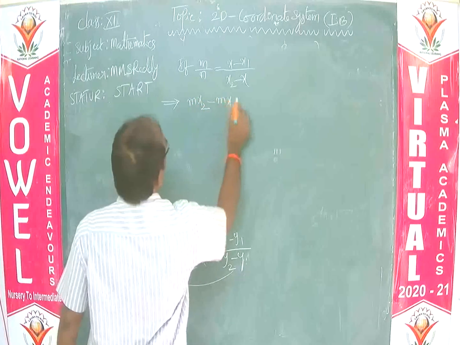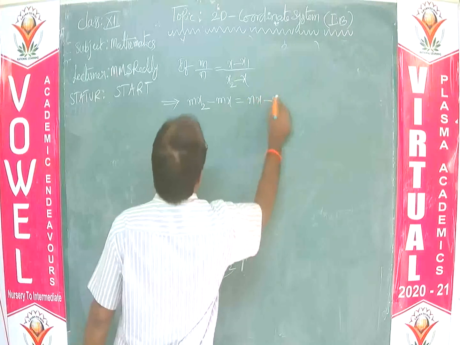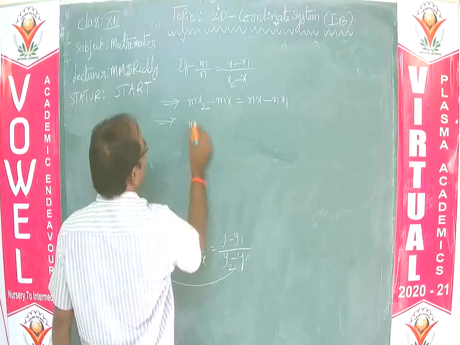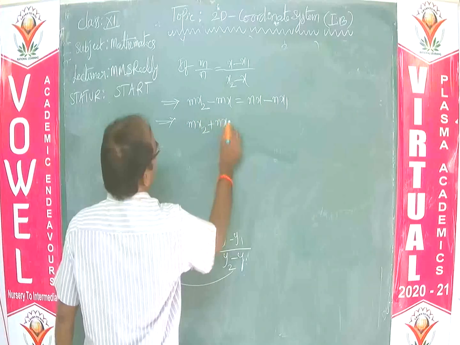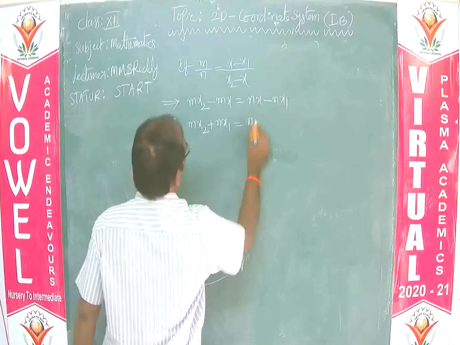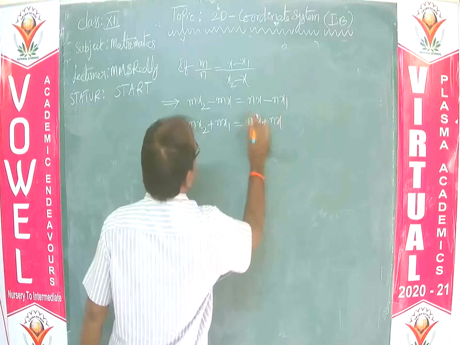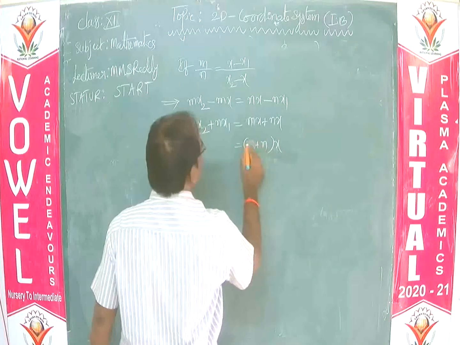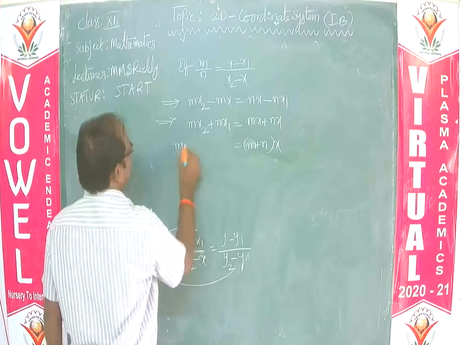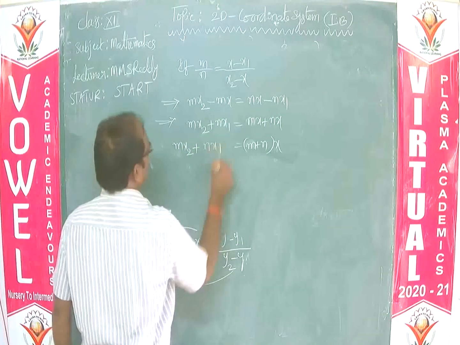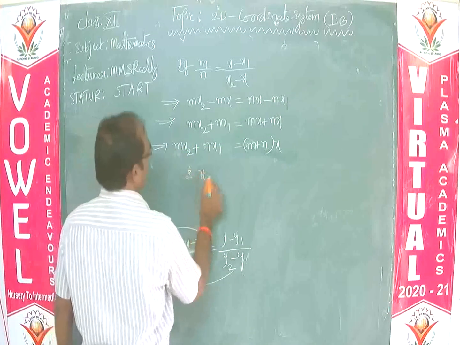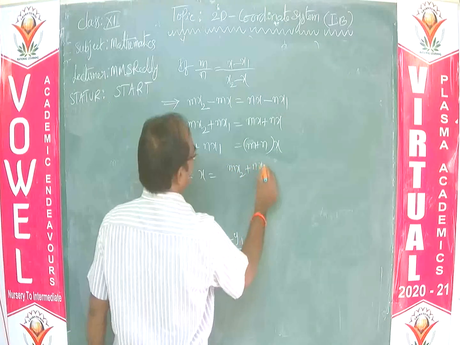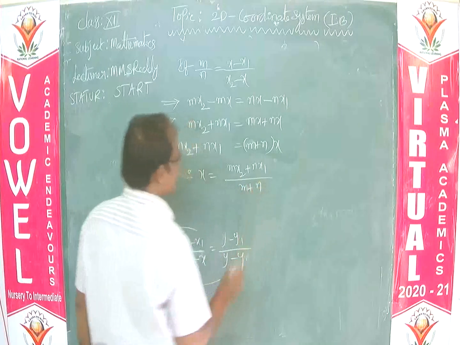nx2 minus mx, nx minus nx1, implies mx2 plus nx1 equal to mx plus nx, which is (m plus n) into x. Here it is the value of mx2 plus nx1. Therefore x equal to (mx2 plus nx1) by (m plus n).